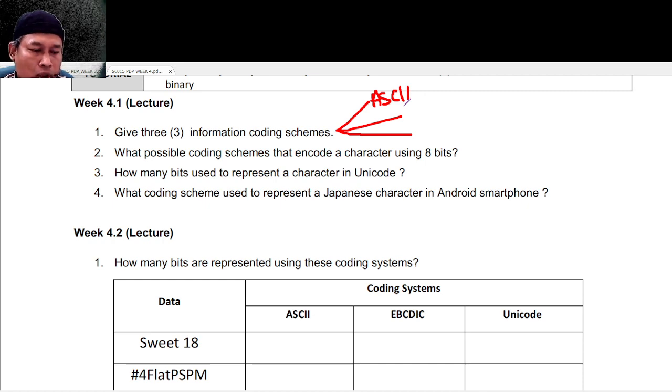That means 256 characters will be present on your keyboard.